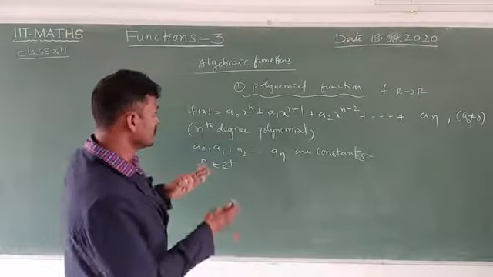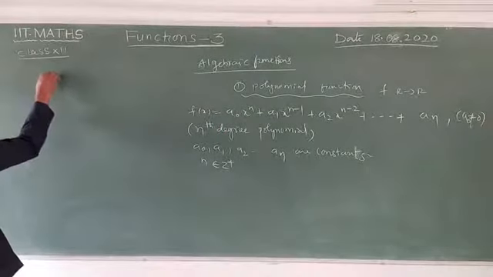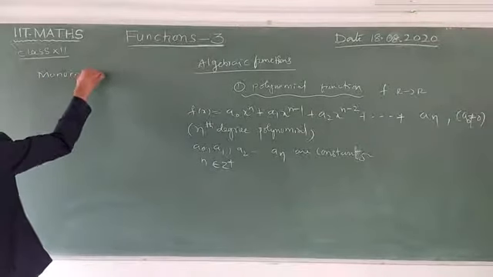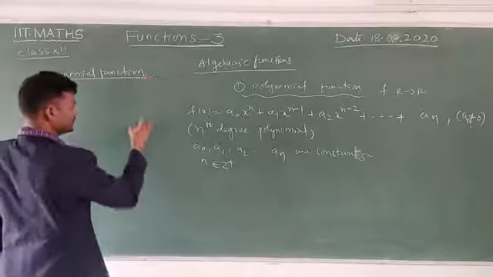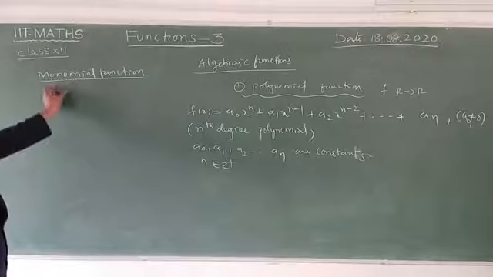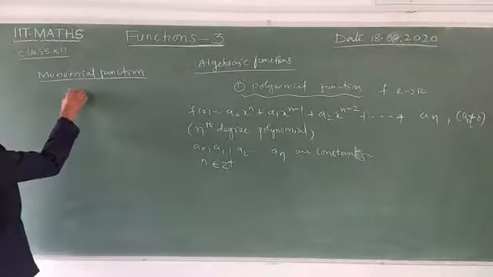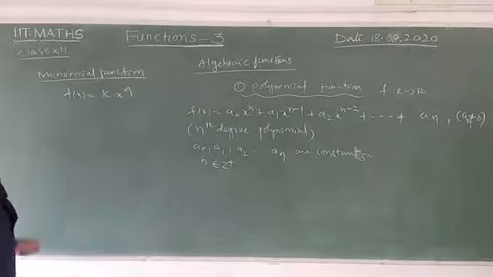Now the kinds of polynomial function. The first one is the monomial function. F is a mapping from R to R. Then f of x is equal to k into x to the power of n, which is said to be a monomial function.